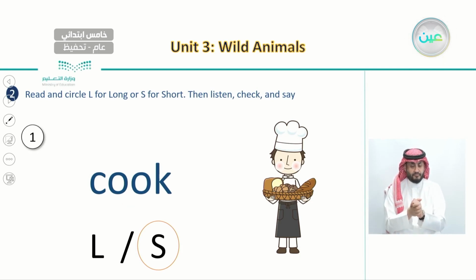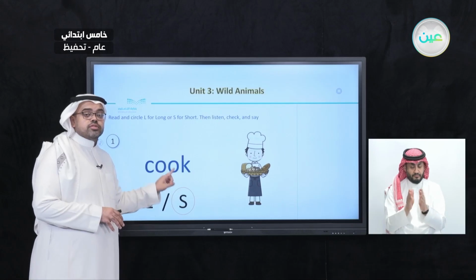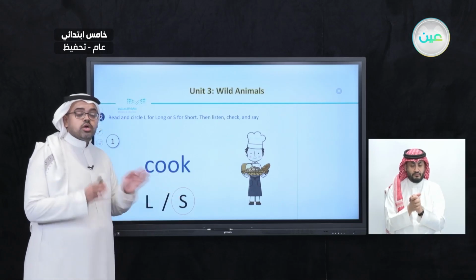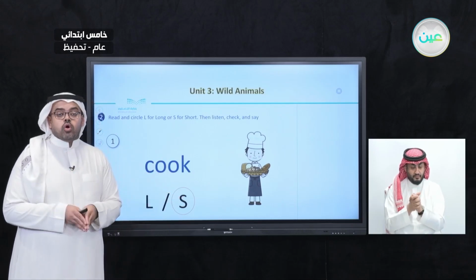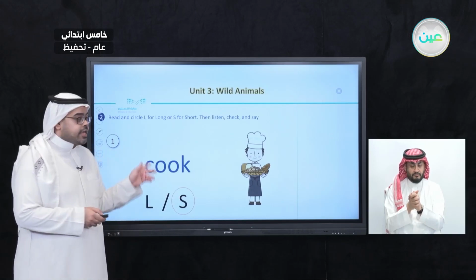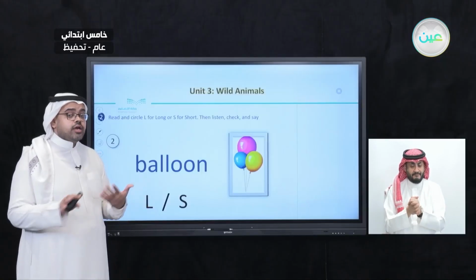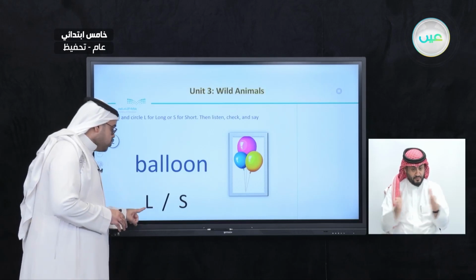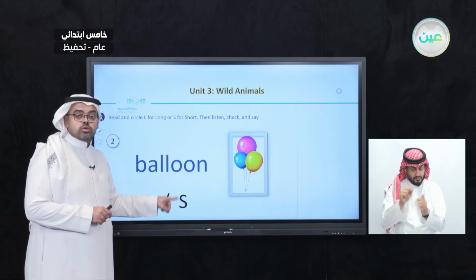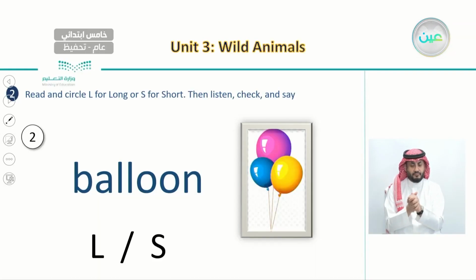Cook is an example of a word that has the short form of double O's. Now let's listen to number two. Now you're going to read number two and listen to me pronouncing this word. And after I do this, I would like you to decide whether it has the long form or the short form. So let's begin.